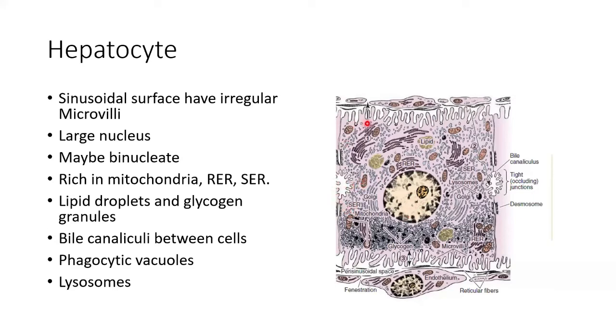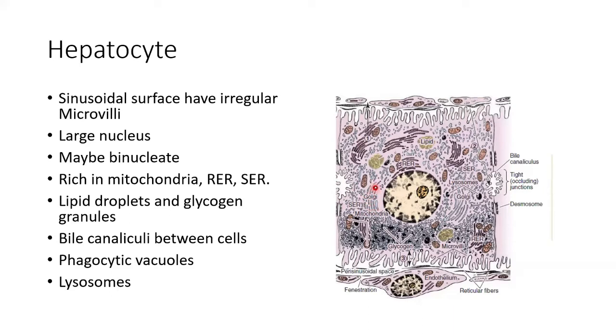They have a lot of mitochondria, rough endoplasmic reticulum for protein synthesis, and a lot of SER, smooth endoplasmic reticulum, for the processing of various substances, detoxification, and making bilirubin and all the stuff.